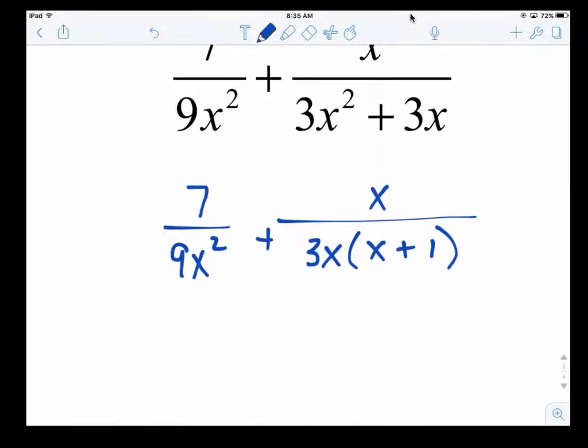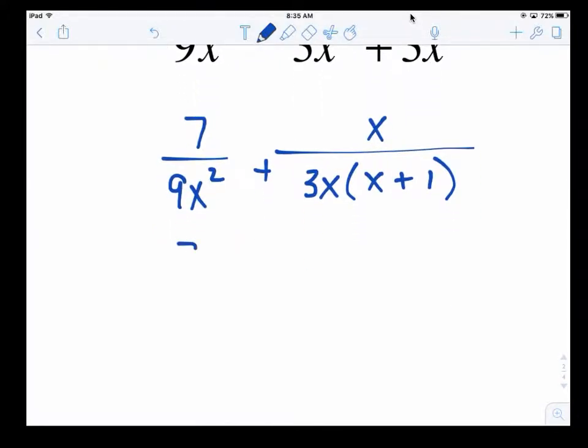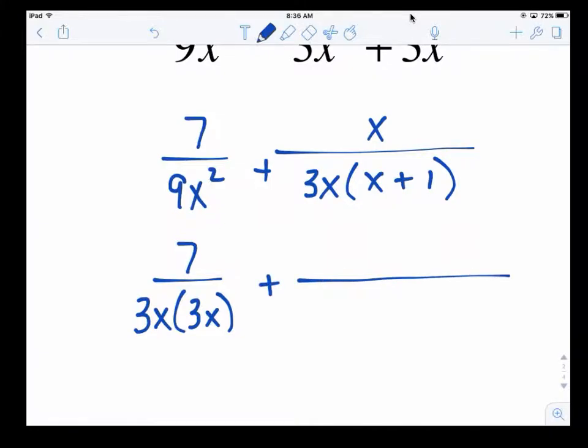Okay, so is there any way that I could rewrite 9x squared so that it has a factor of 3x? 3x times 3x, right? So you have 7 over 3x times 3x, plus x over 3x times x plus 1.